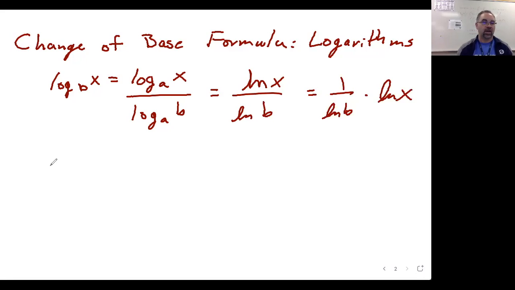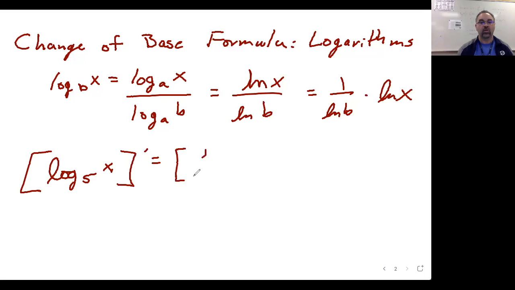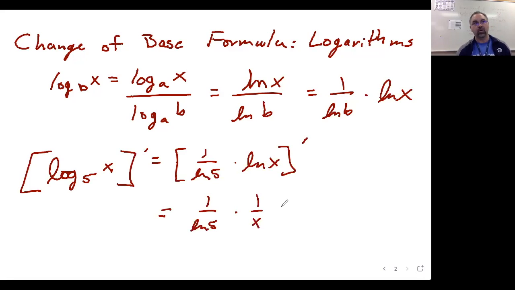So if I had log base 5 of x, and I was supposed to take the derivative of that, well, I would just change the base. That's the derivative of 1 over natural log of 5 times the natural log of x. 1 over natural log of 5 is a constant. So it's 1 over natural log of 5 times the derivative of natural log of x, which is, of course, 1 over x. And there we go.